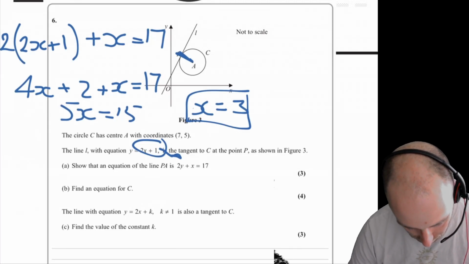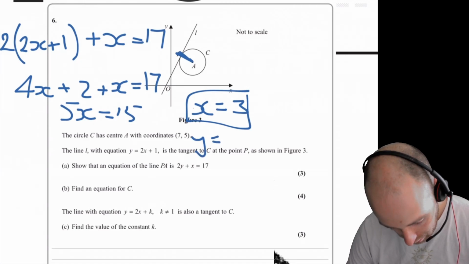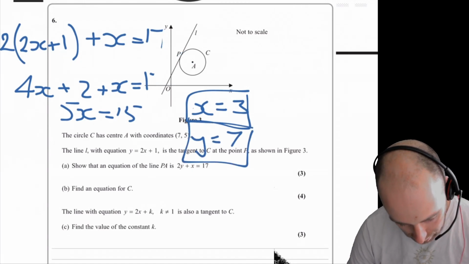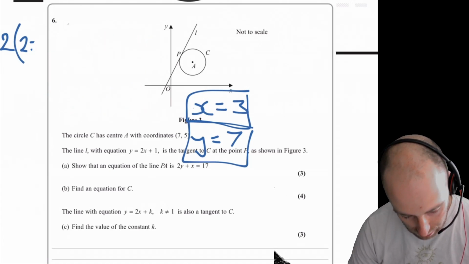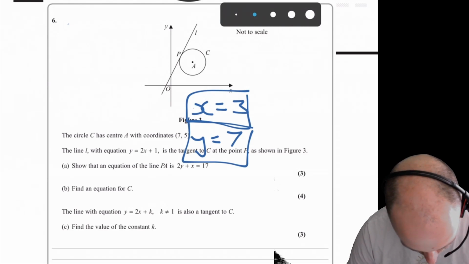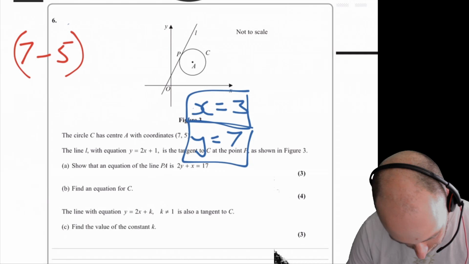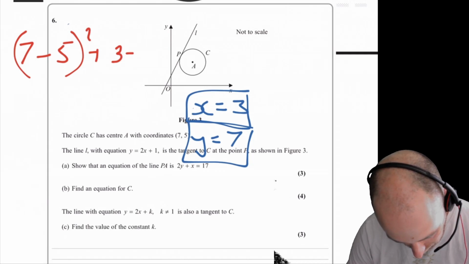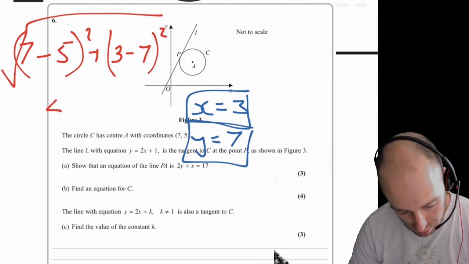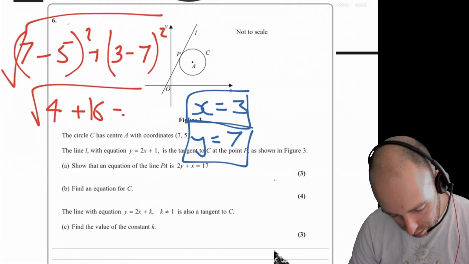We can put that back in to find y. So y is 2x plus 1, so y is going to be 7. And we can find the length of the line between that point and our center. So 7 take 5 squared, plus 3 take 7 squared, gives us 2 squared, which is 4, plus 4 squared, which is 16, so that gives us root 20.